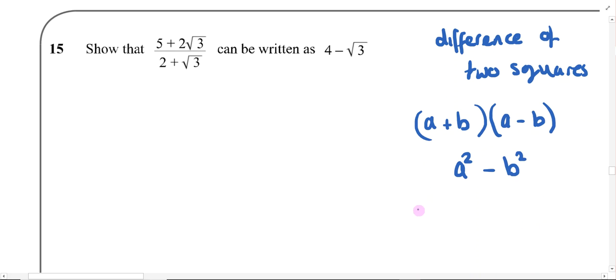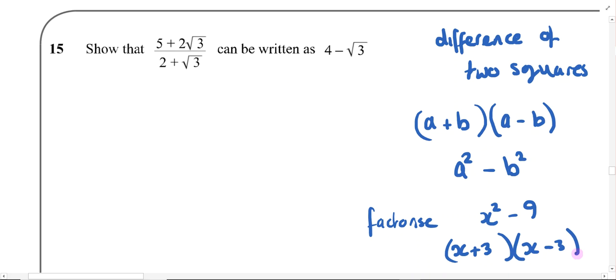The reason why that works is because if I've got to factorise x squared minus 9, people look at that and go, oh, I can't factorise. But you guys know that that's x plus 3 times x minus 3. Now we use that because squaring both parts helps. So what we actually do is this.